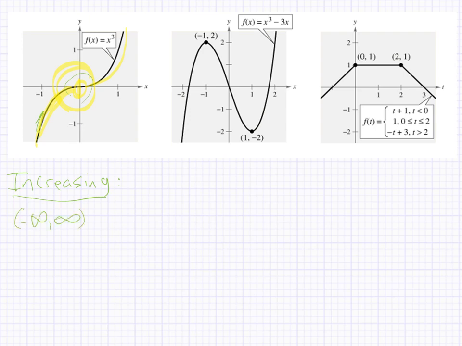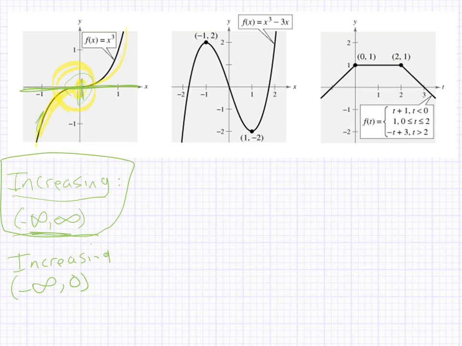Now, what does this interval represent? This interval represents the x values for which this is happening. That probably isn't the best way of writing this in that it's not 100% true. What really is happening is it's actually increasing from negative infinity to 0, and then it stops increasing for a specific second at the x value of 0 right here at the origin, and then it's increasing again from 0 to infinity.